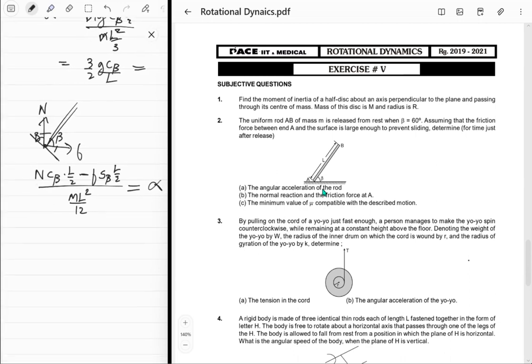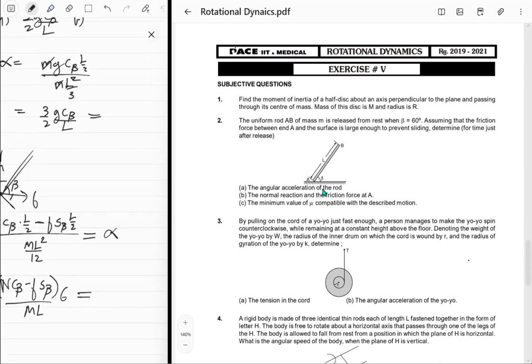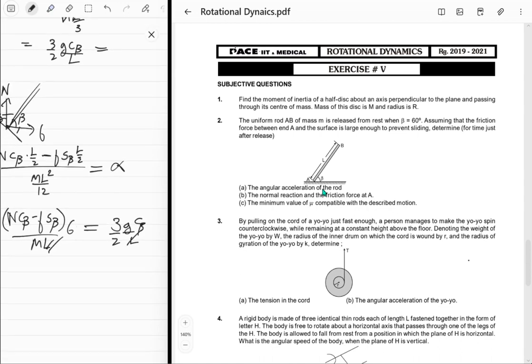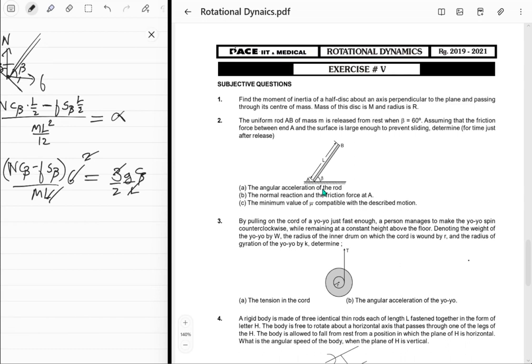So from here you can write one equation. You will also need another equation. First of all, let's simplify this thing. N cosine beta minus F sine beta, times L upon 2, over ml squared upon 12, so you get L squared upon 6. That's equal to 3 upon 2 g cosine beta upon L. This cancels, it's going to be 4 over here.